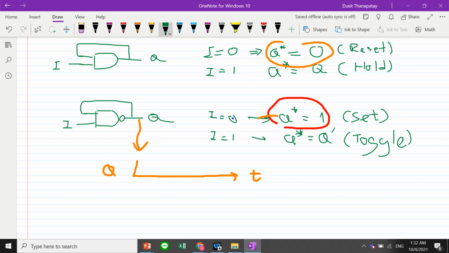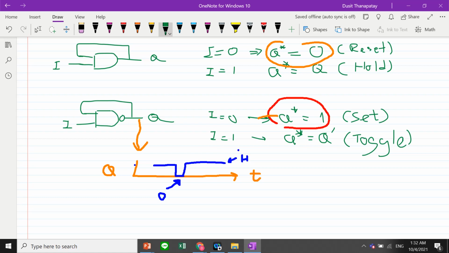When I apply input to be 0, now output Q will be 1, right? High level. Something disturbs and makes it 0, but if the input is still 0, output will go back to 1, right? That means it cannot be stable at 0 level. It can be stable at only one level. In this case it is high.